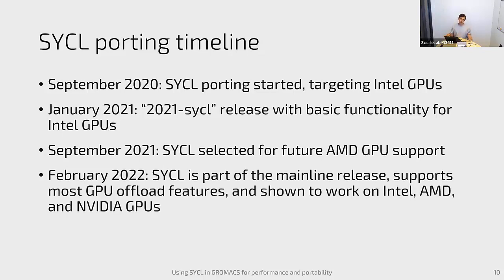It's not any special version, and it supports most of the GPU offload features supported in other frameworks. In fact, now more features, more offload schedules are supported than in OpenCL. And it is shown and tested to work on hardware from all three vendors.